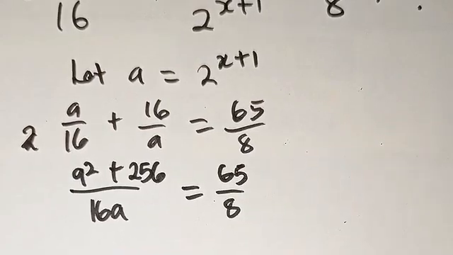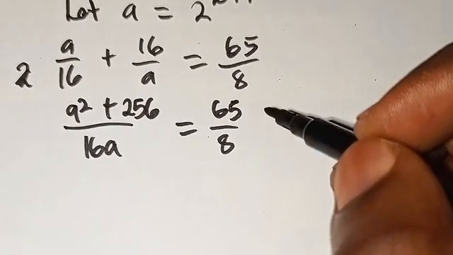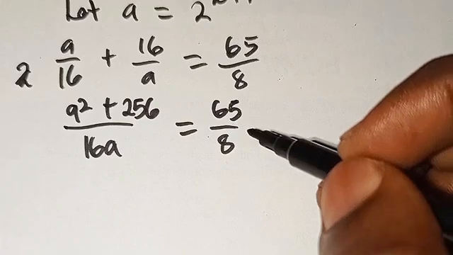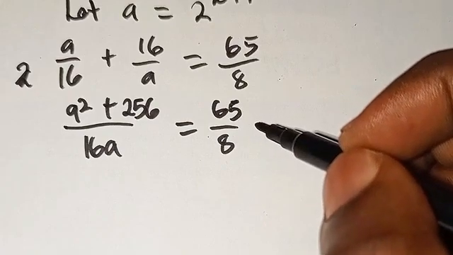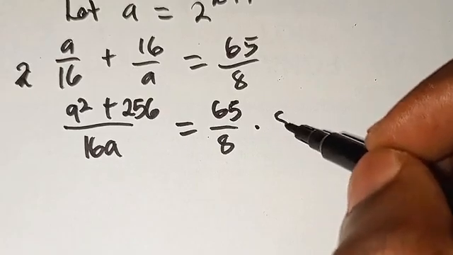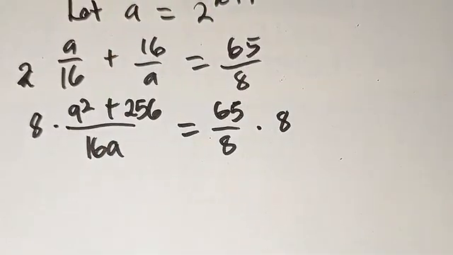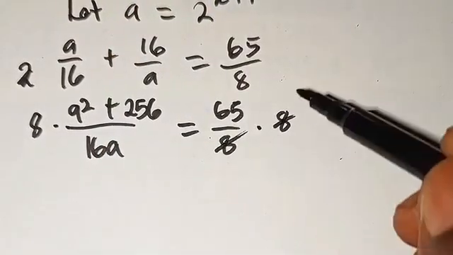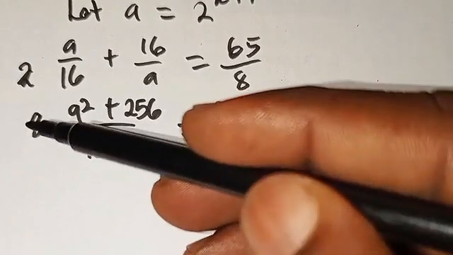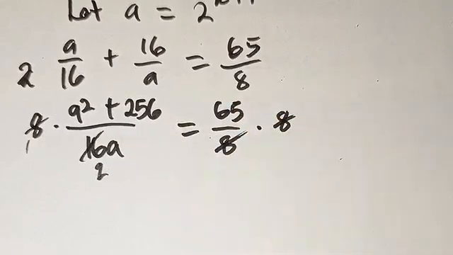So now from there, the next thing we are going to do is multiply both sides by 8. You see that this 8 we cancel this 8 here, and here we are going to have 2.